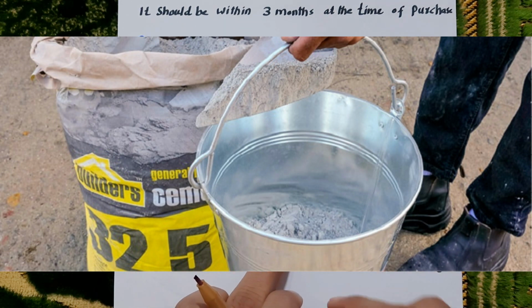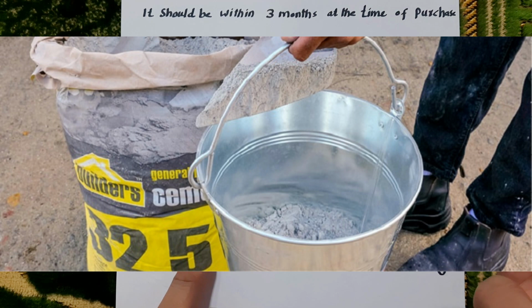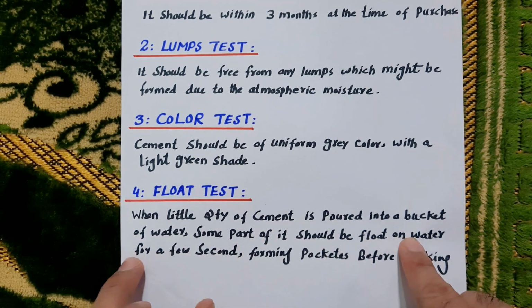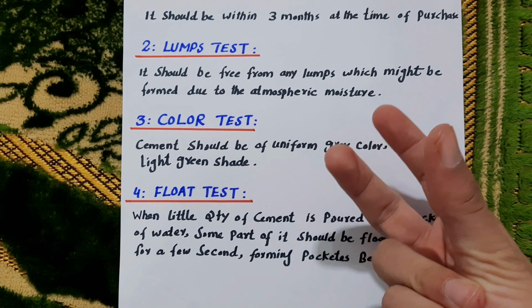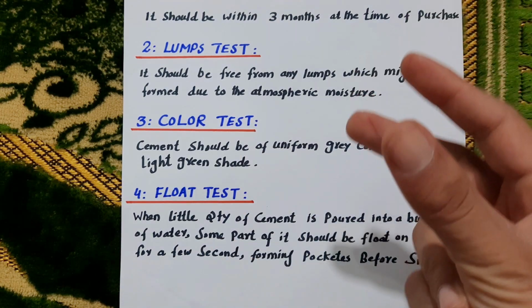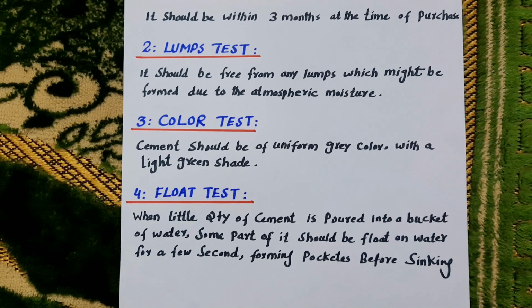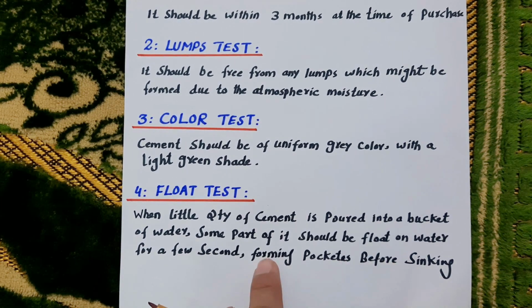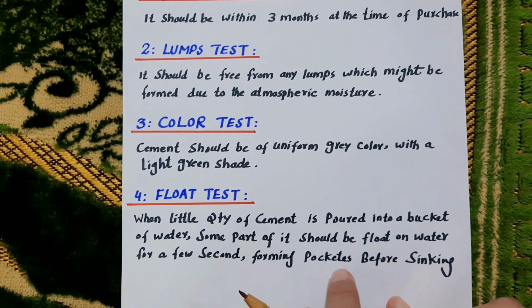When a little quantity of cement is poured into a bucket of water, some part of it should float in the water for a few seconds, not for a long time. For example, you can also put it in a glass or cup. Some cement should float in the water for a few seconds, forming pockets before sinking. This point is very useful.